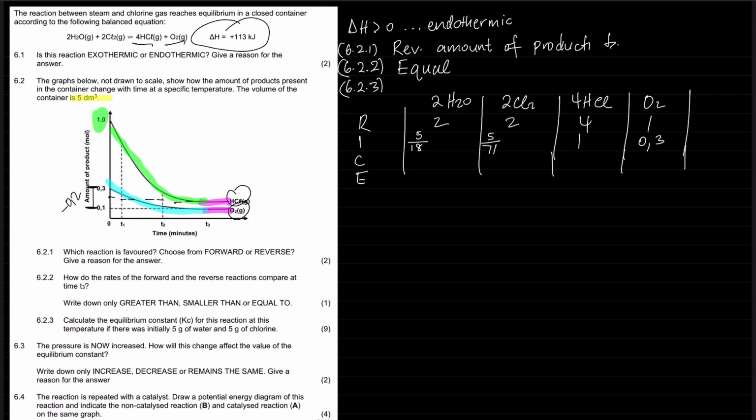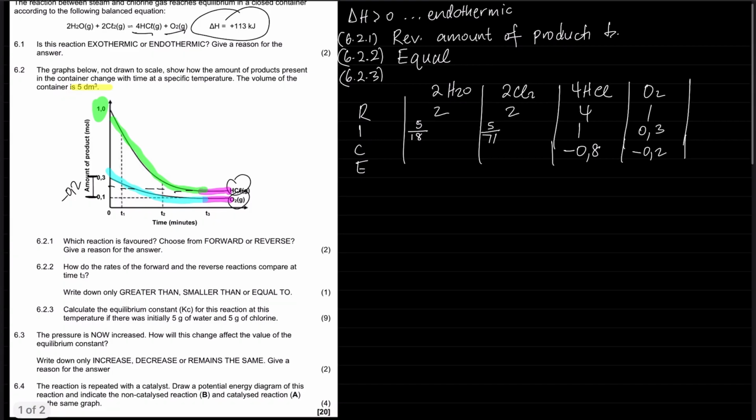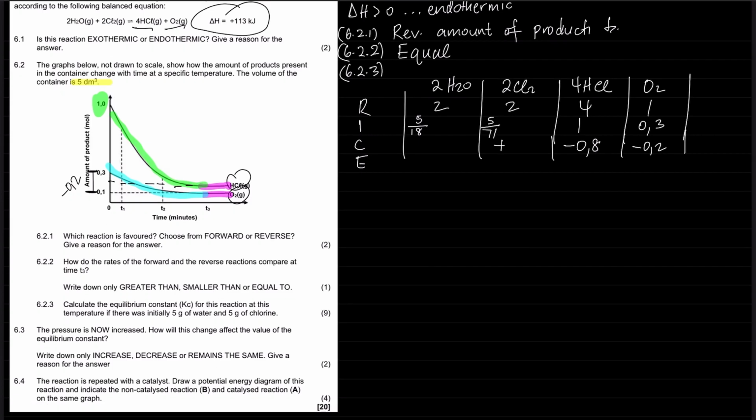So the change for O2 will be minus 0.2. And then we use a ratio here. The ratio is 1 to 4. So that's going to be 4 times more. So minus 0.8. Then for Cl2, it's going to be half. So it will be plus, in this case, 0.4. And then here as well, plus 0.4.